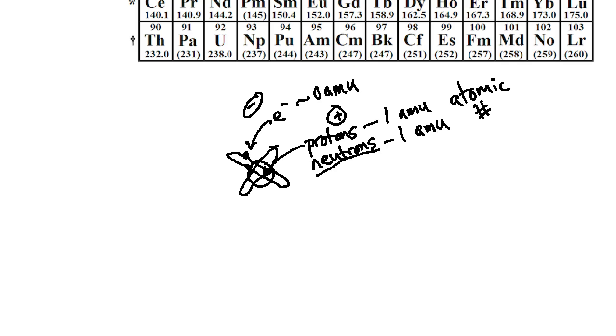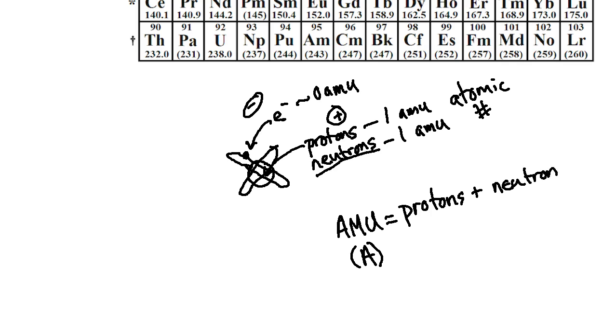And what we do is we say, all right, if we want to find the atomic mass, or the atomic mass units, which we represent with AMU, and sometimes this is represented with A, we can find that by taking the protons plus the neutrons.